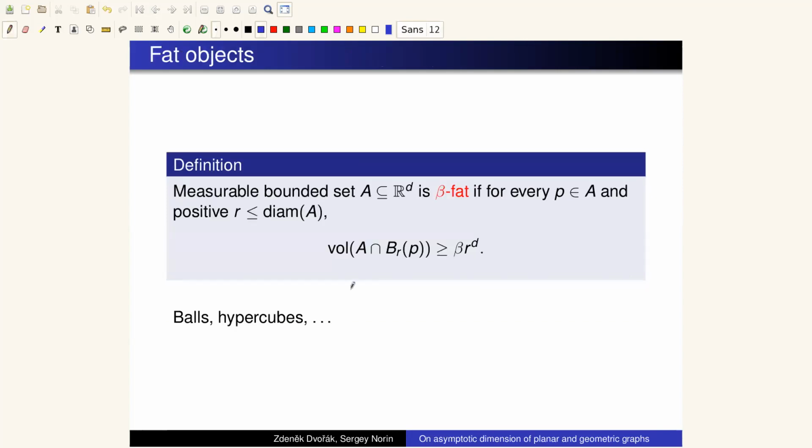But at least we were able to show a bound on the dimension for fat objects.